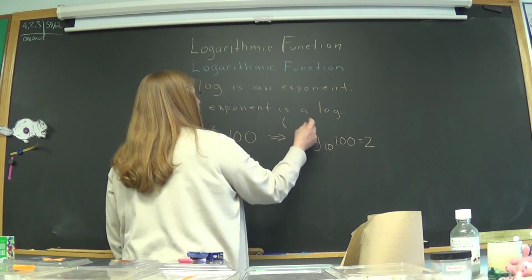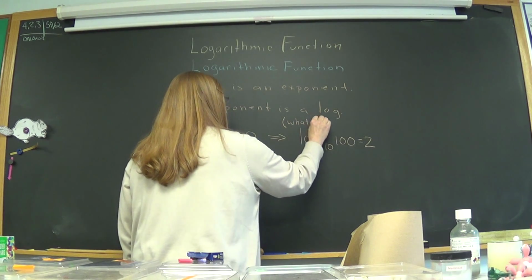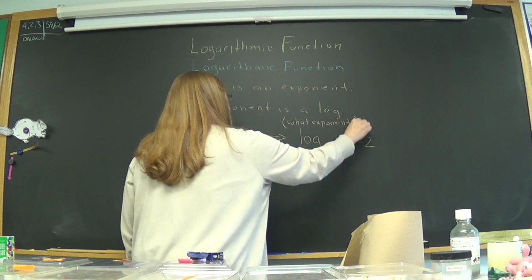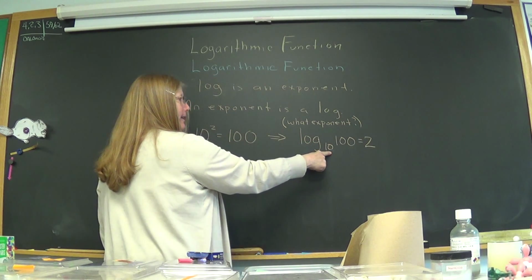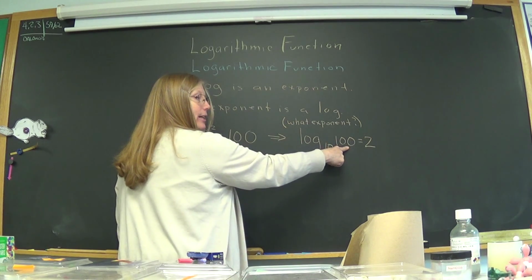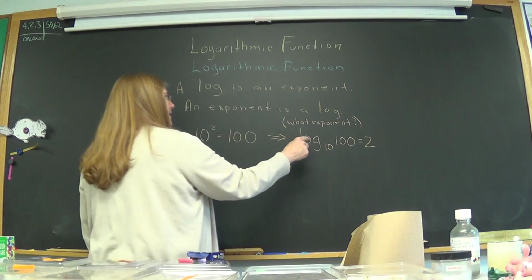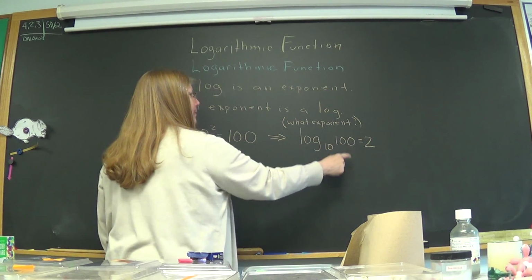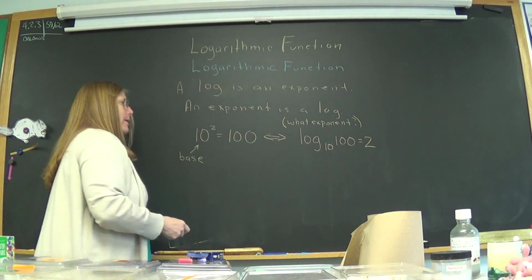When I see the word log, I say to myself, what exponent do I give this number 10 to get this number 100? That's all a logarithm is. And the answer is 2. Do you see these have the same information?